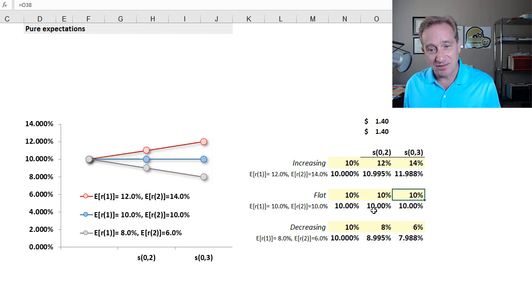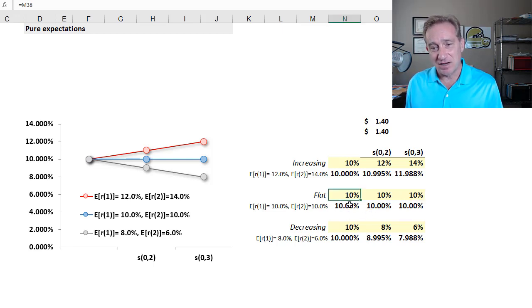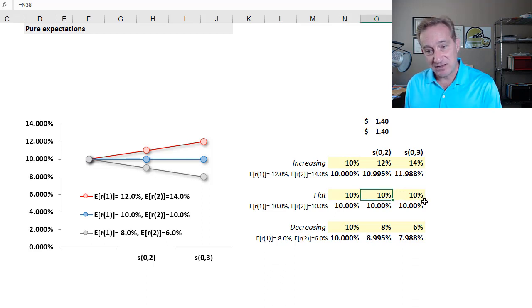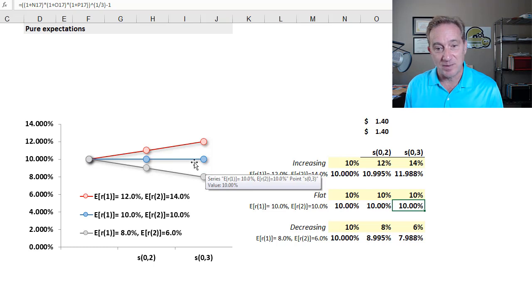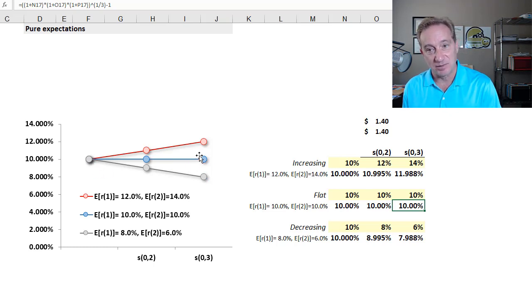Typical exam type assumption: 10% spot rate, and we assume flat expectations going forward, and then under pure expectations, where we add nothing for liquidity, risk aversion, or convexity, the implied term structure, as you would expect, is flat at 10%.